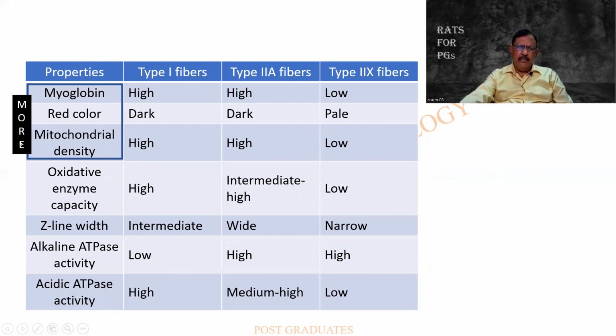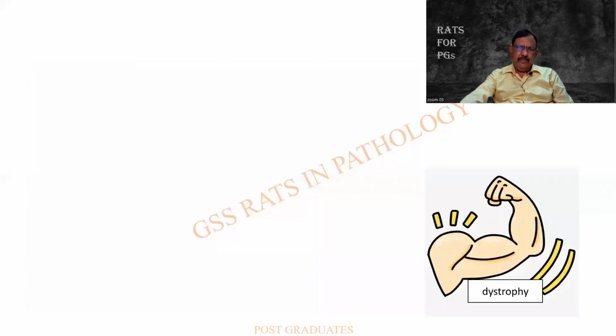So all of them are more in a case of the type 1 fibers, whereas it can be low and pale in a case of type 2C fibers. Alkaline phosphatase is low, whereas acid phosphatase is high. The corollary on the other side. So this much, if you people can remember, it is fine.